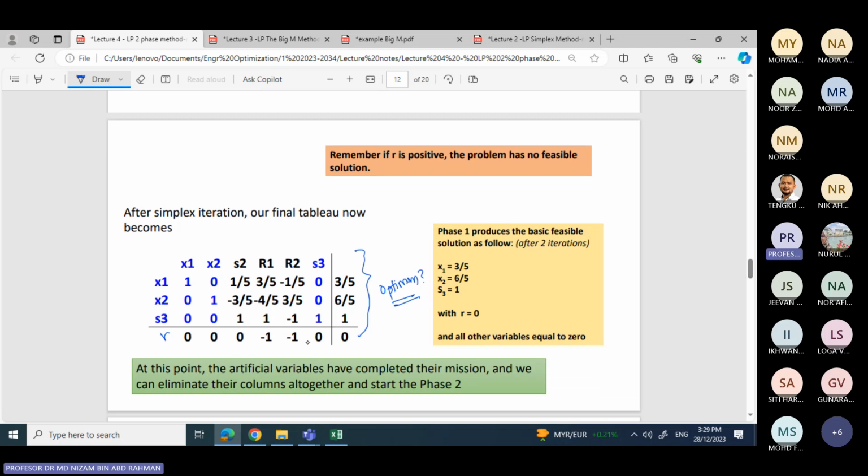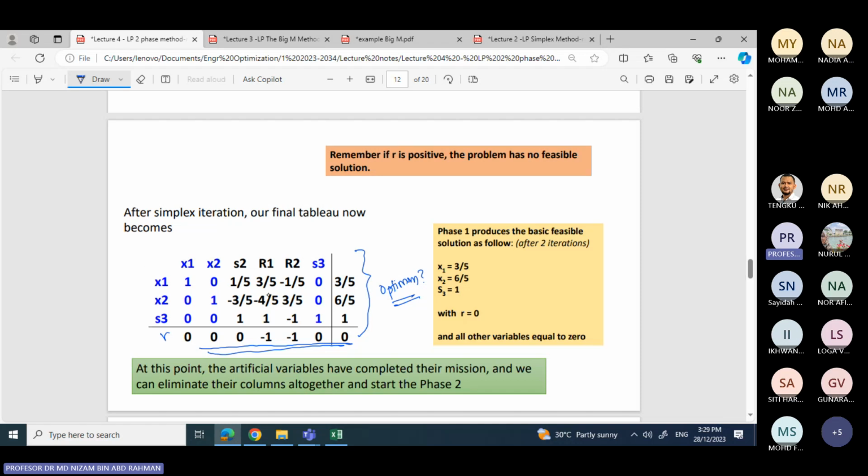Why am I saying that this is the optimum solution? Because all the R values are negative. Correct. So again, this is minimization. If minimization, to know whether it's optimum or not, the multipliers for the R row must be non-positive, right? If one of the multipliers is still positive, then you're not at the optimum value. So in this case, we have an optimum solution because none of them are positive, right?